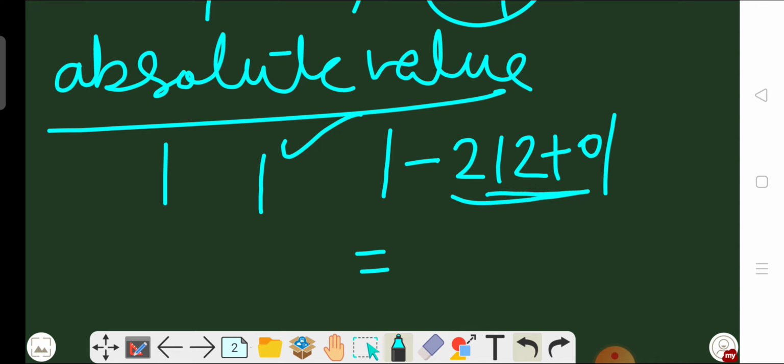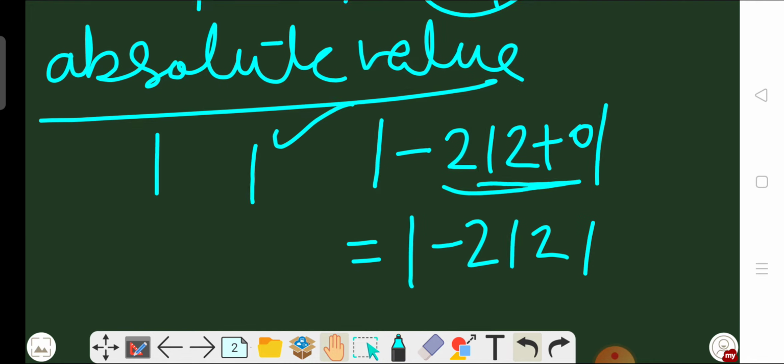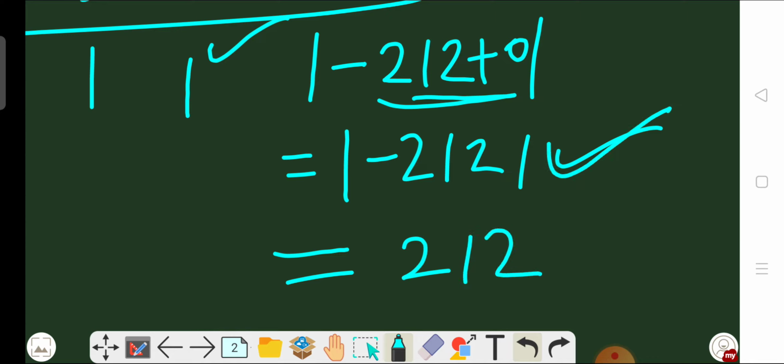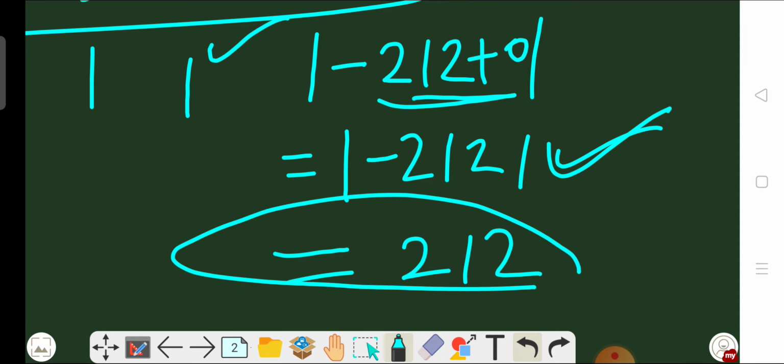Minus 212 plus 0 is equal to minus 212, and due to this mod, or we can say absolute symbol, the negative sign goes away and the result is a positive number. Absolute value of a given integer is always the positive of the given integer. Okay, clear? This is the way by which you have to find the absolute value of a given integer.